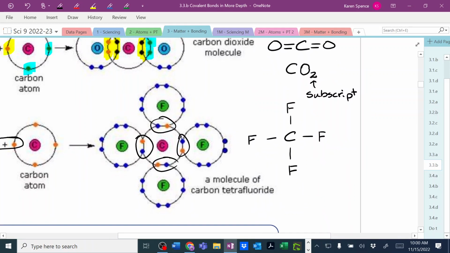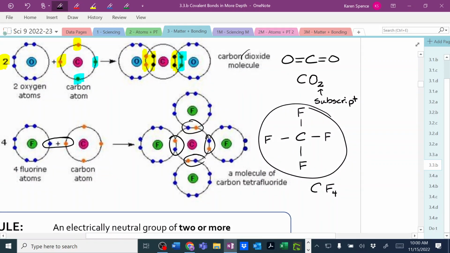So what would the formula for carbon tetrafluoride be? This one here, what would be the formula for that one? CF4.